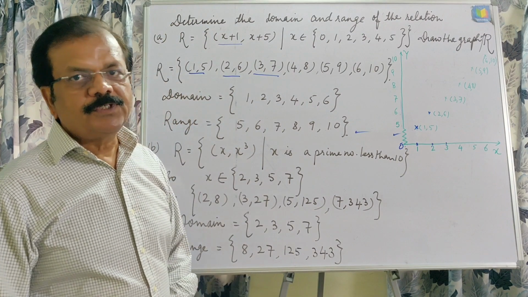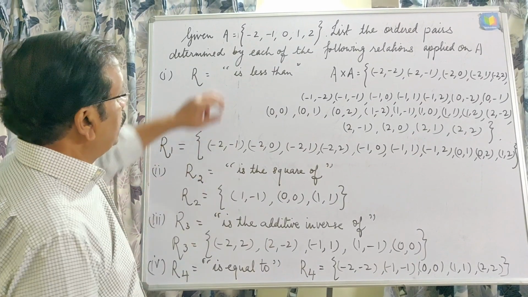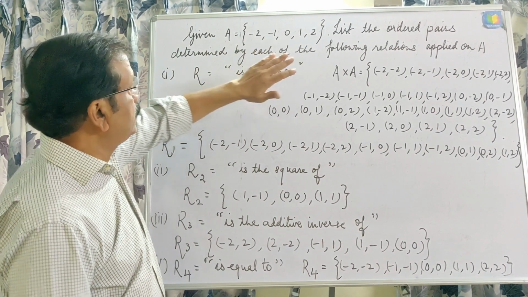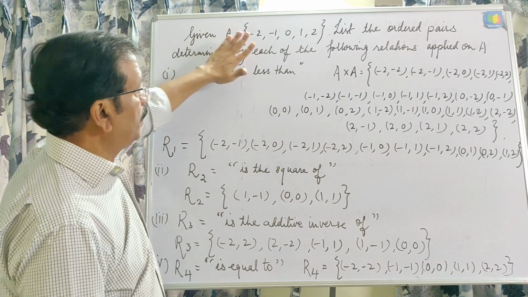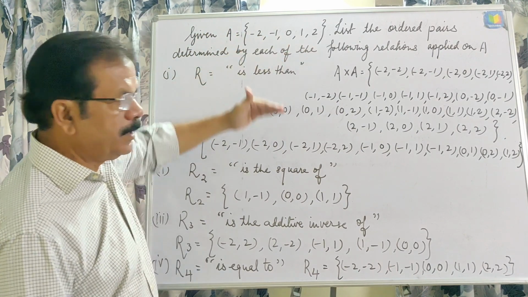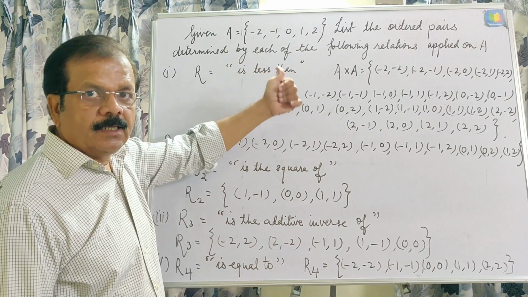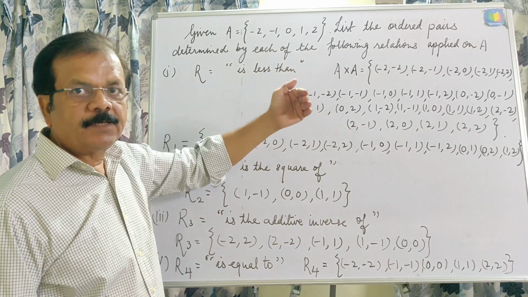Okay, now next question. In this question, given A = {-2, -1, 0, 1, 2}, list the ordered pairs determined by each of the following relations. We know that relations are subsets of the Cartesian product.